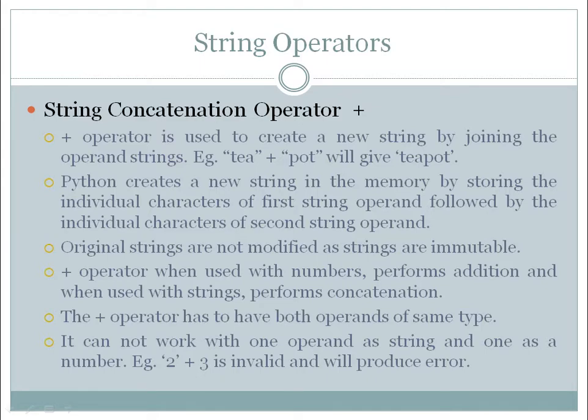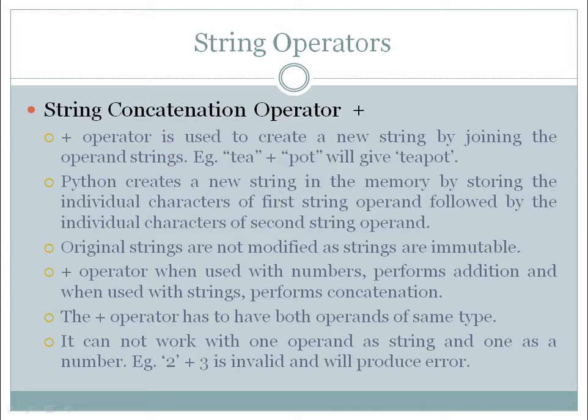The plus operator has to have both operands of the same type. That means you must have strings on both sides of plus, or you must have numbers on both sides of plus. If there are both numbers, then it will be numerical addition. If they are strings, then it will be string concatenation.